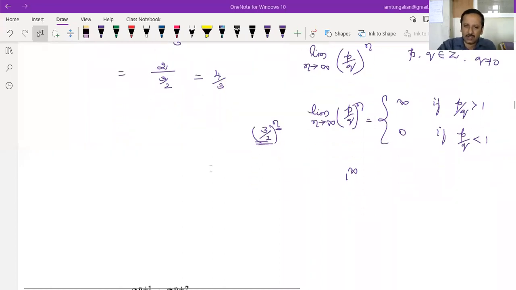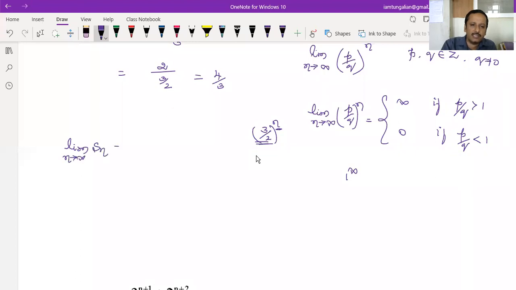There is another way also. See here, I can write like this: limit n tends to infinity, Sn is equal to S infinity.